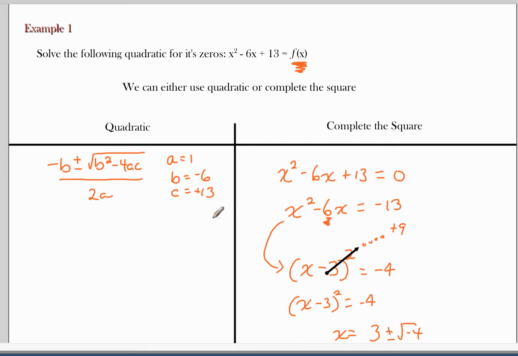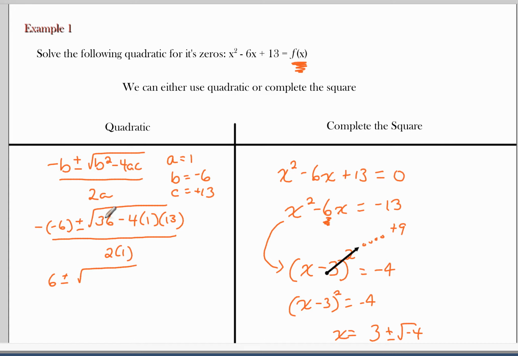They start losing the negatives and the positives. When you grind that in and just give me my answers, negative 6 plus or minus the square root of b squared, well that's 36, minus 4 times a times c all over 2a. Hopefully this is pretty easy. And that would be 6 plus or minus the square root of, well, 36 minus 52, negative 16, all over 2.